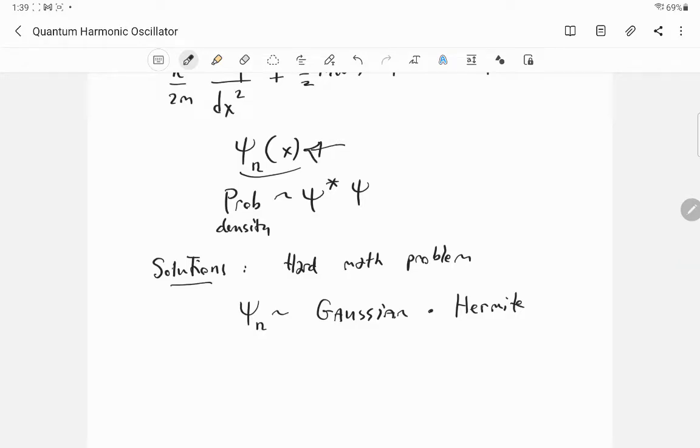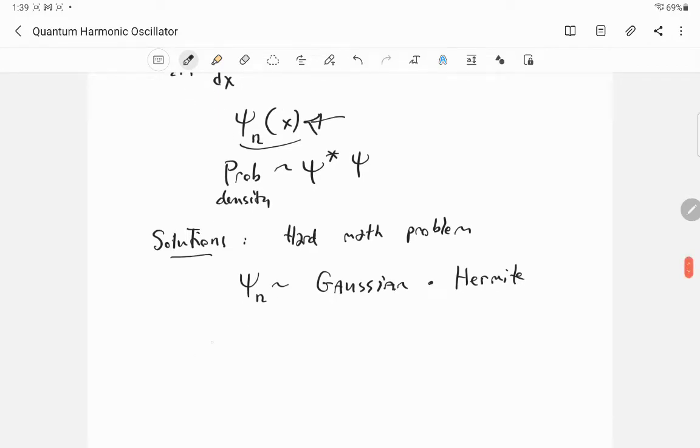Let's look at a few. If you look in a book, on Wikipedia, or do some web searches, you're going to find that the wave functions look like this. The psi sub n are functions of x. They're all going to have a different normalization constant. They're going to be multiplied by the Gaussian factor, which looks like e raised to the minus beta squared x squared divided by 2.